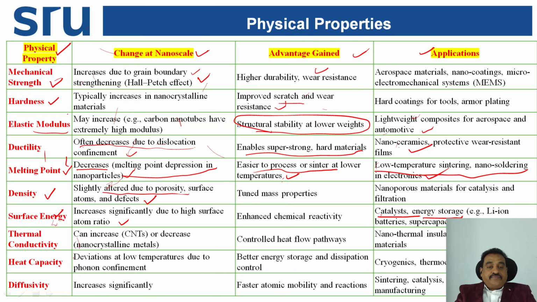Thermal conductivity, another physical property. The change at nanoscale: it can increase in carbon nanotubes or decrease in nanocrystalline metals.